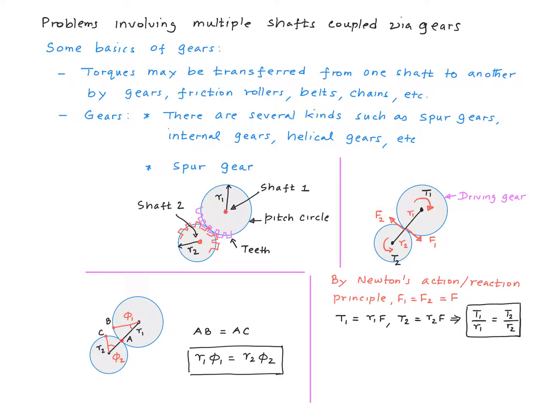In other words, AB here must be equal to AC. So these are basically arc lengths, right? So what is the arc length AB? Well, R1 multiplied by phi1, right? And similarly, AC would be equal to R2 multiplied by phi2. So they must be equal to each other. So this is our second important relation.